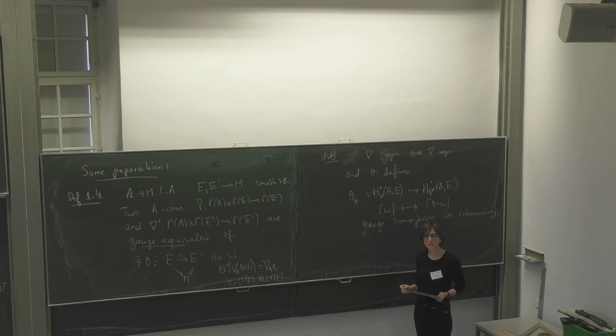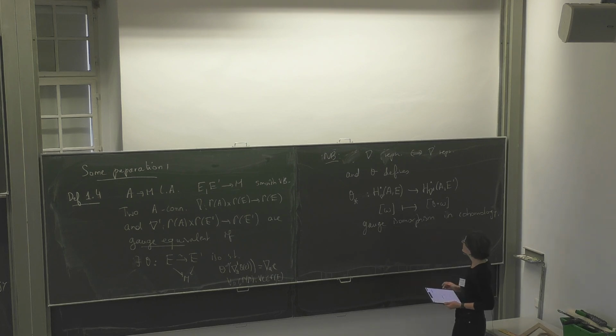So if E is E prime, and this is just an automorphism, do you get the identity, or could this be some non-trivial isomorphism? Well, it could be non-trivial. It depends on whether you're in the component of the identity. If it's not, it might or might not give the identity.